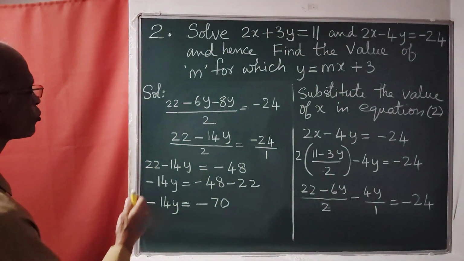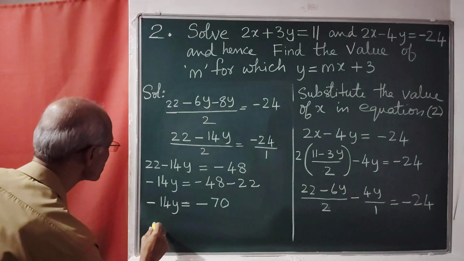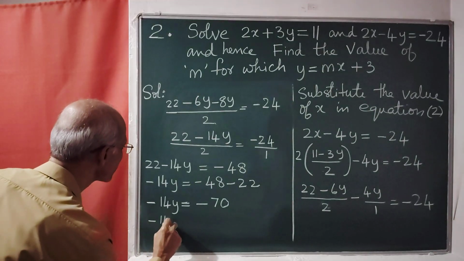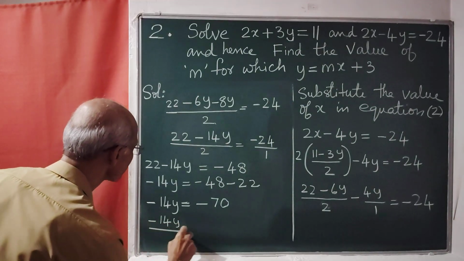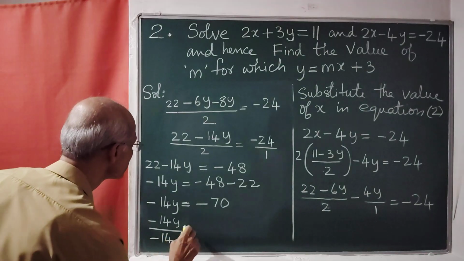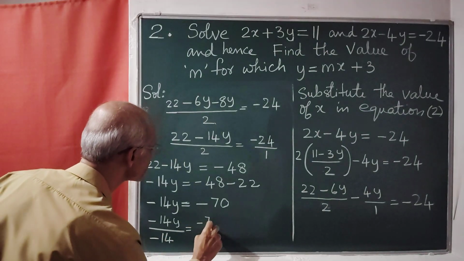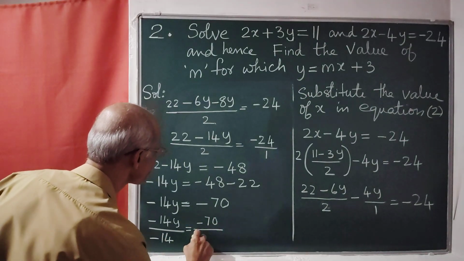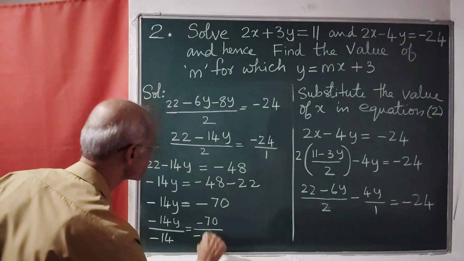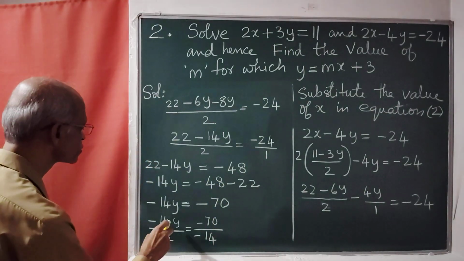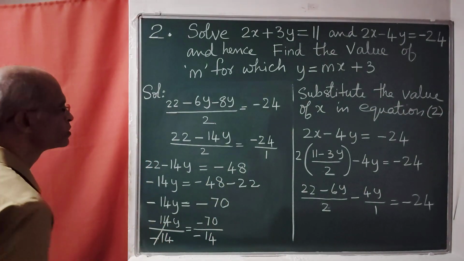I'll divide both sides by minus 14. So minus 14y divided by minus 14 will be equal to minus 70 by minus 14. This 14 will get cancelled here.